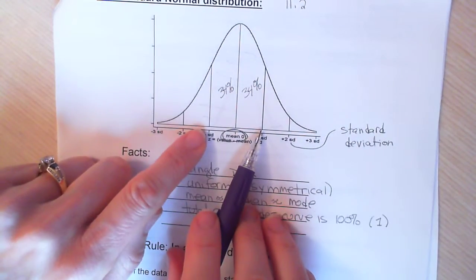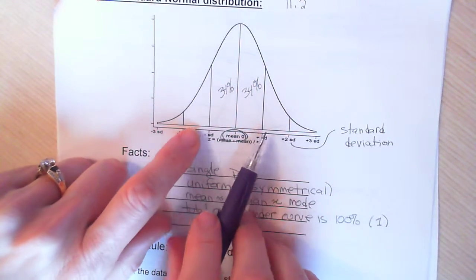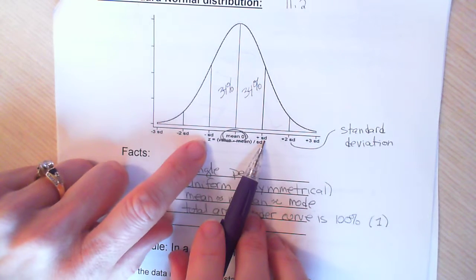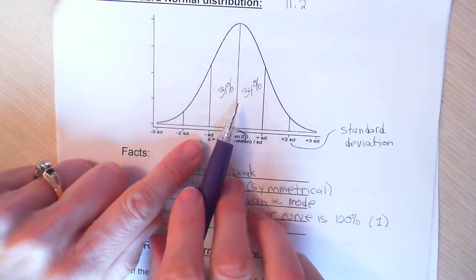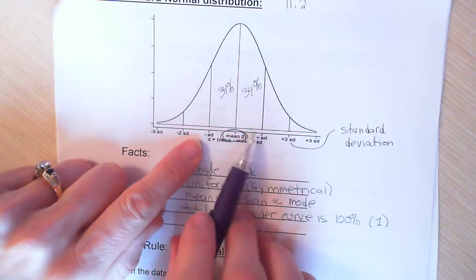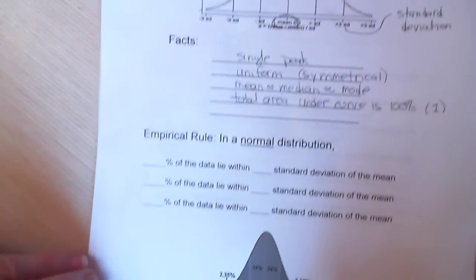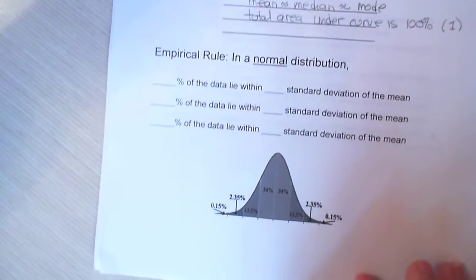Remember, on a normal distribution we said most of your data points are in the middle. Well, if you look at how much I vary from the mean, if I'm varying ±1 standard deviation, 68% of my data is right there within ±1 standard deviation. That's what this is showing you down here, all those percents.